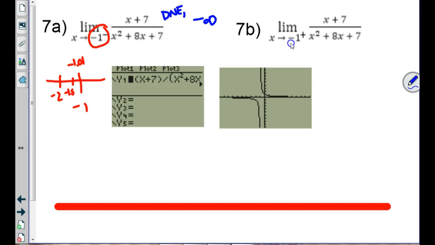What is it doing as you approach -1 from the right? What are some numbers on a number line that are above -1? Well, the next one would be 0, but what's closer to -1? -0.9, -0.99, yes?